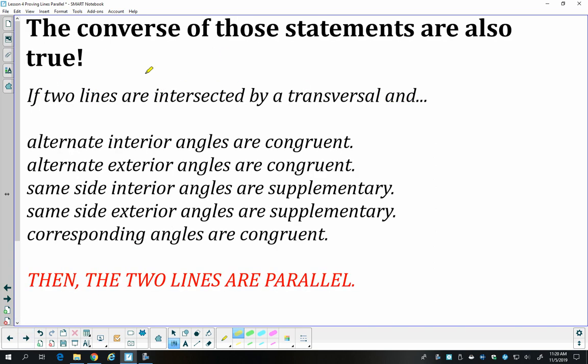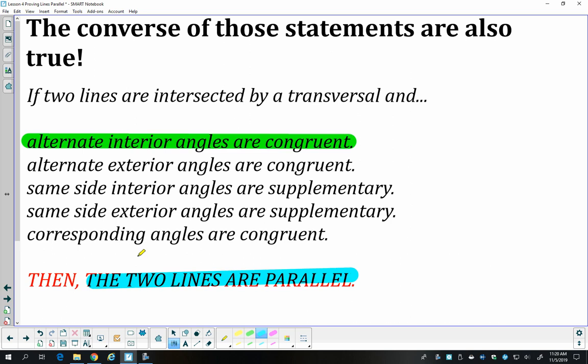If we know two lines are intersected by a transversal and one of these things happens, now these things turn into P's, they're part of the if. So if we know that two lines are intersected by a transversal and alternate interior angles are congruent, then we know the two lines are parallel.